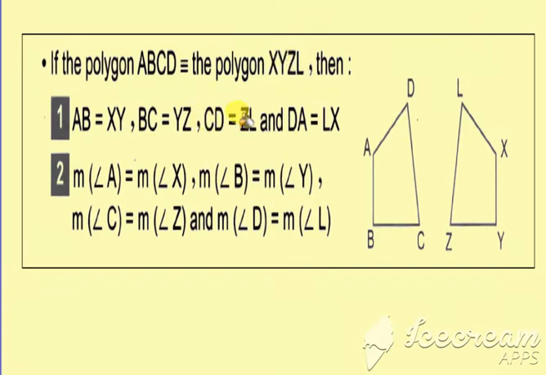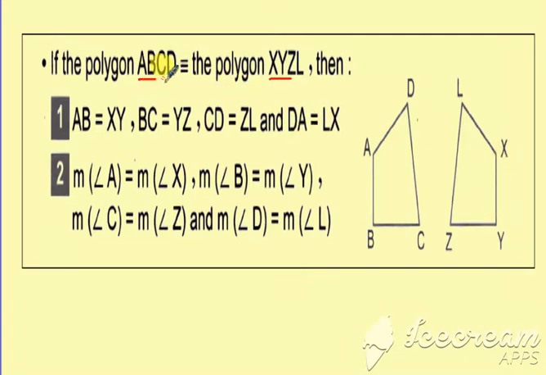Okay, the two polygons: polygon ABCD is congruent to polygon XYZL, as I said before. AB equals XY. Let's see, AB equals what? XY.